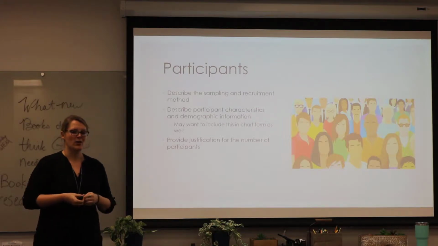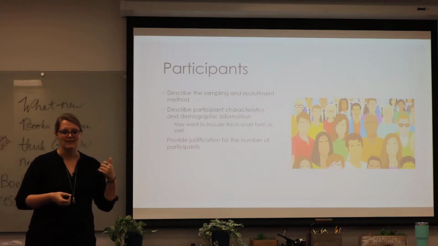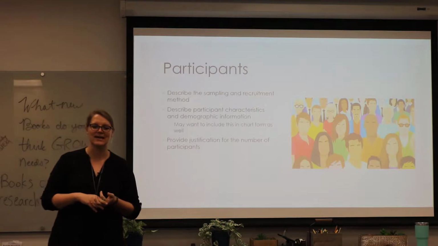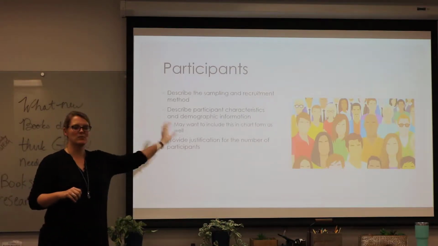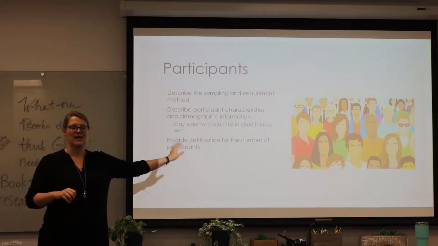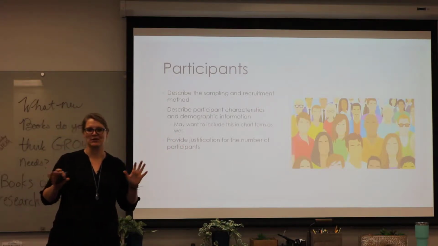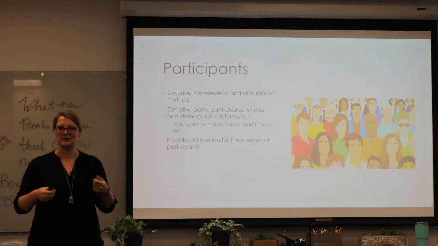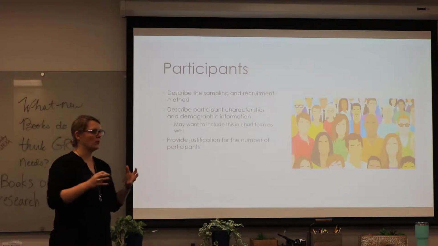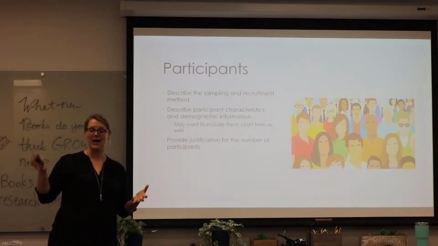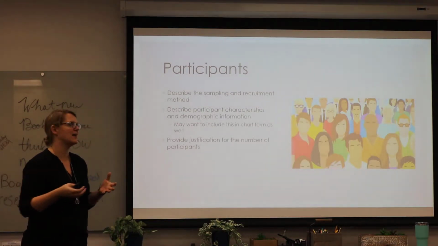In one of the qualitative books that I recommend at the end, by Hays and Singh, they say that they've identified that sometimes researchers get hung up on 10 as the magic number for qualitative research, but that's not necessarily true. So if that does happen to be your number, that's fine, but then provide that justification for why that is.